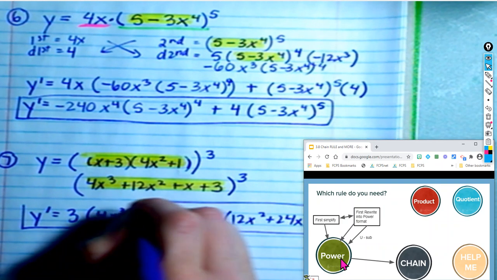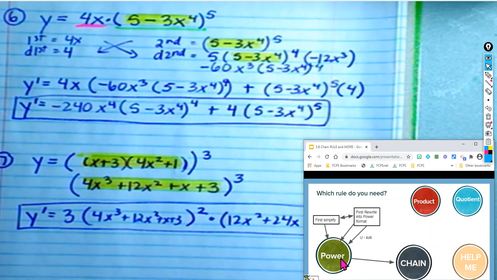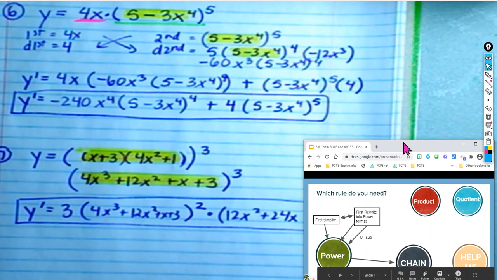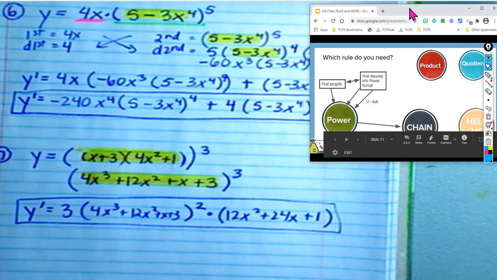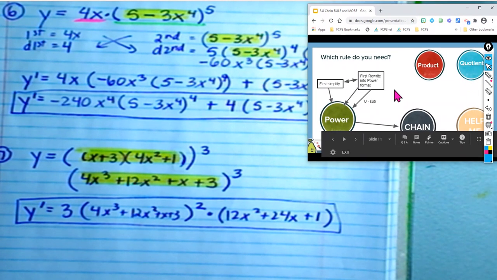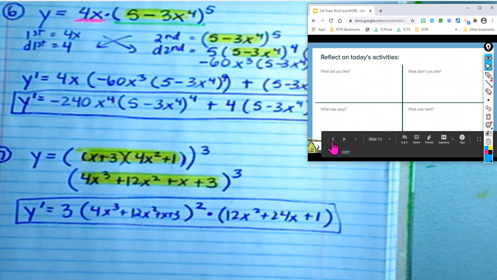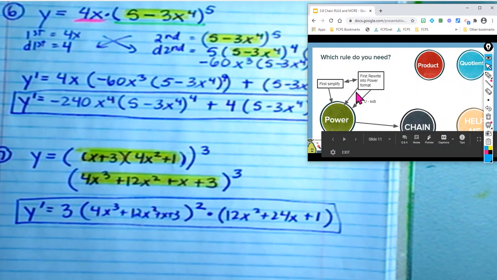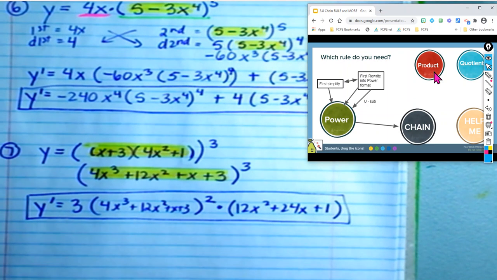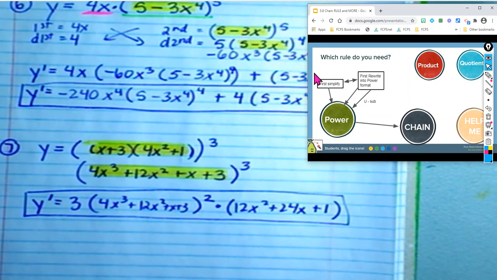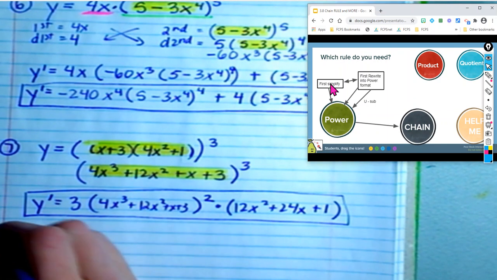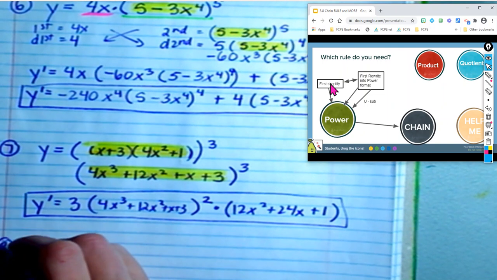There is no other simplification. Scoop that up. There you go. Whoop, backwards one. All right. Notice that I could have seen this chain first and then had a product, but I was able to simplify.